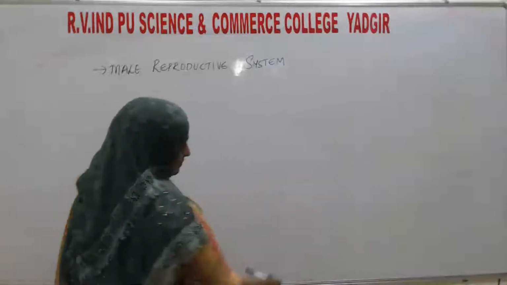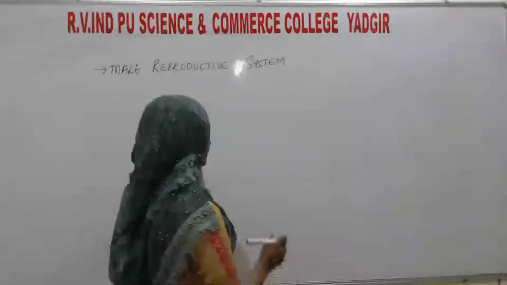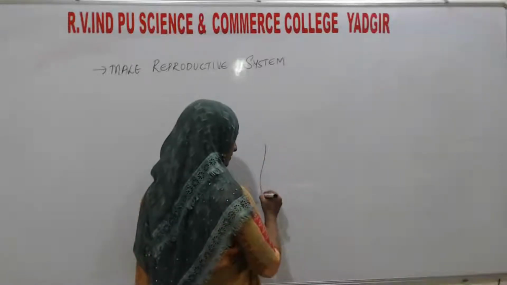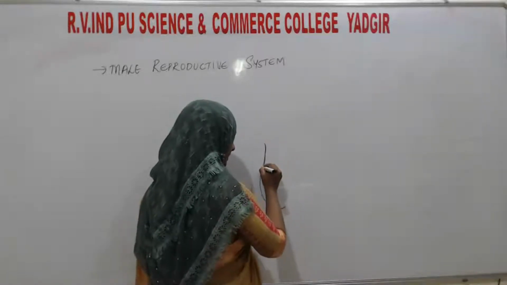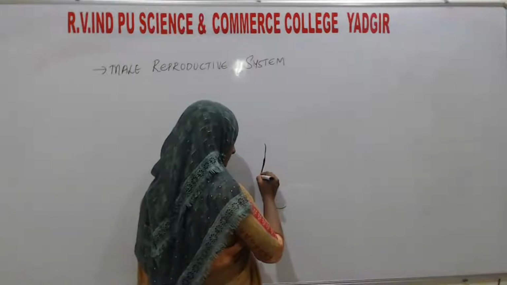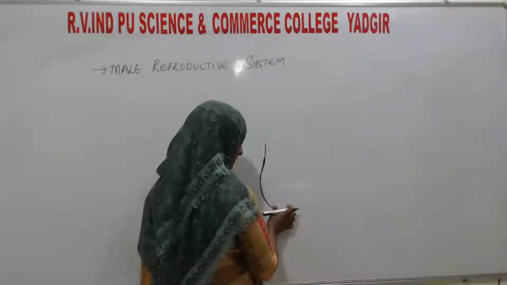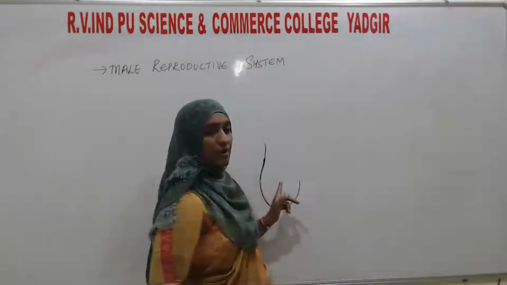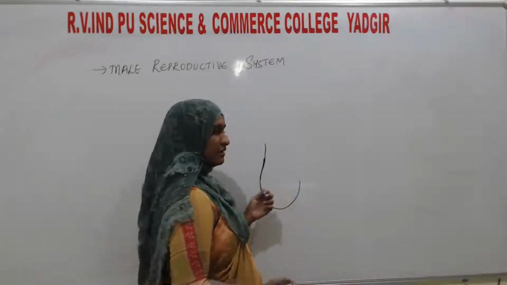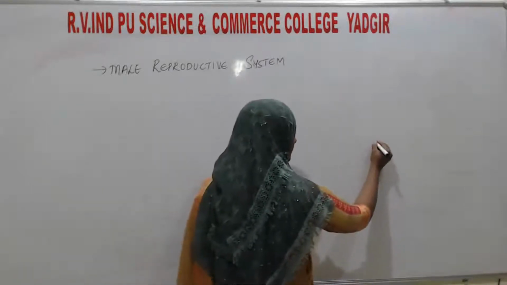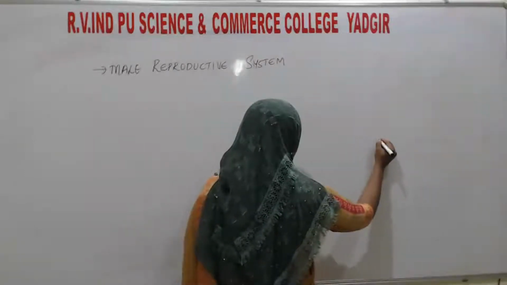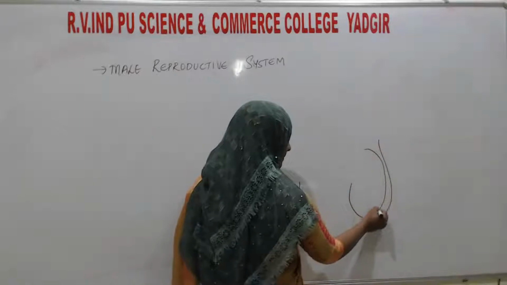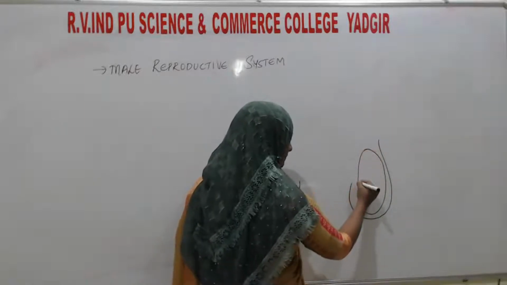First, as I told you, the testes are located in the scrotum, a sac or pouch-like structure, that is the scrotal sac, or else we can also call it the scrotum. This is the testis.